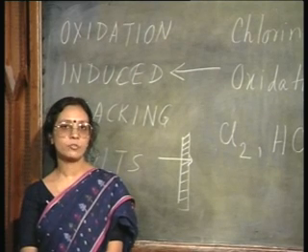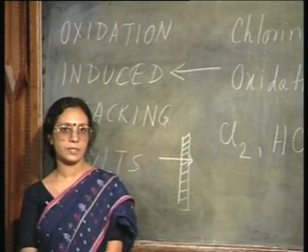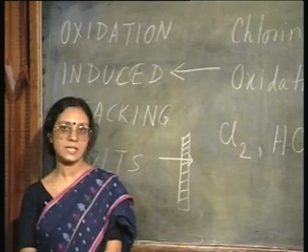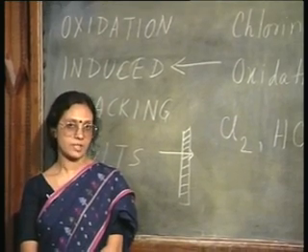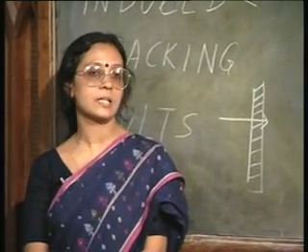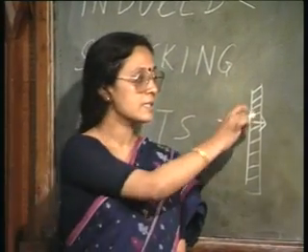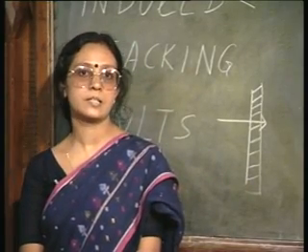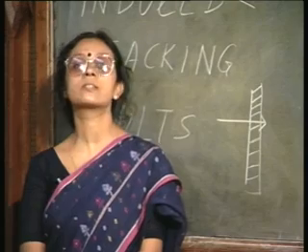The presence of chlorine in the oxidizing ambient is going to create a lot of silicon vacancies at the surface. So, if a lot of silicon vacancies are present at the surface, then these interstitial silicons which are formed at the silicon-silicon dioxide interface can move onto these vacant sites.